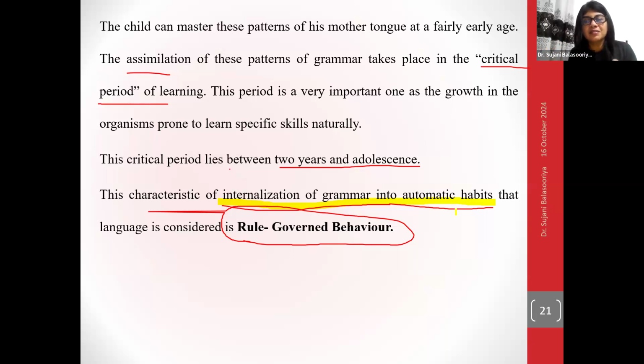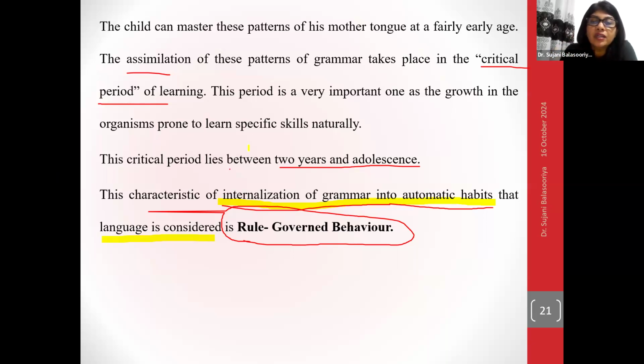That is meant by the language is rule governed. That means internalization of grammar into automatic linguistic habits. Okay, right. Habits that language is considered. Actually, there's another part of that here, right? That is what I meant by the word linguistic. Okay.